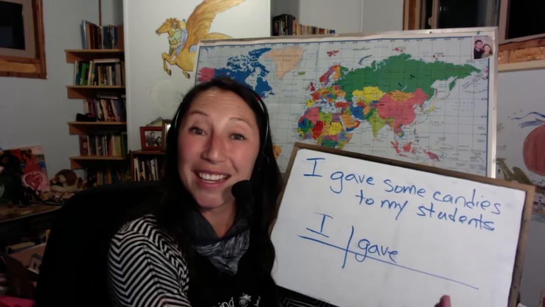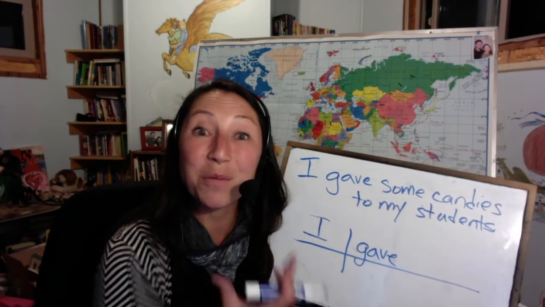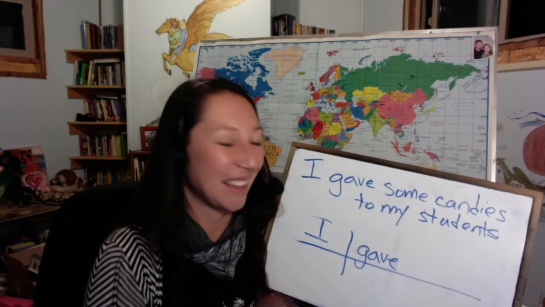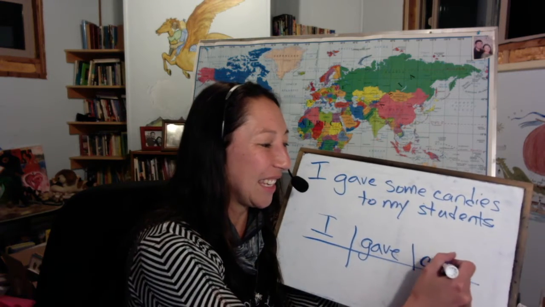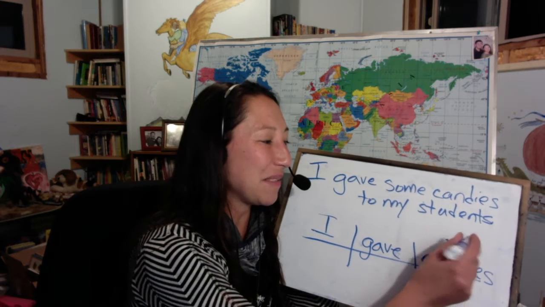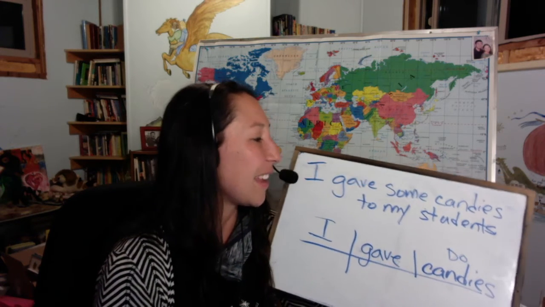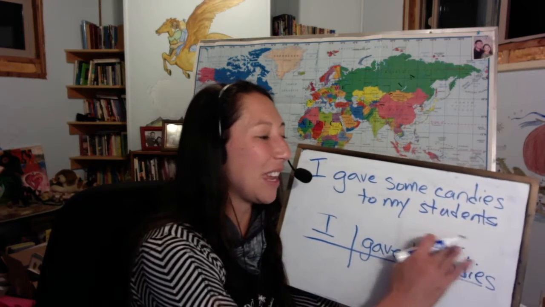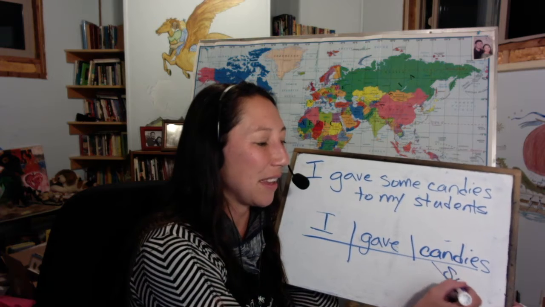Gave is an action. So I always ask myself the question, what? Who? I gave what? I gave candies. Candies. Here's my direct object. Let's not forget that. What kind of candies or how many candies? Some candies.